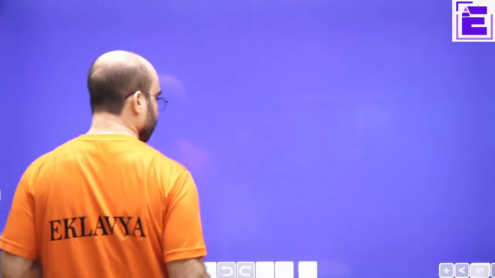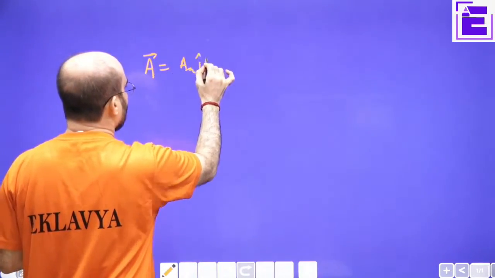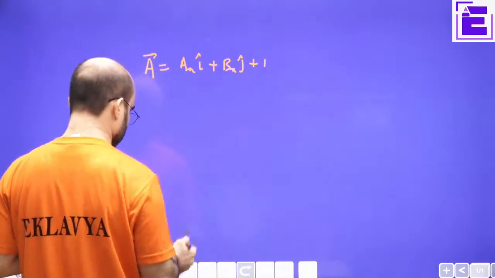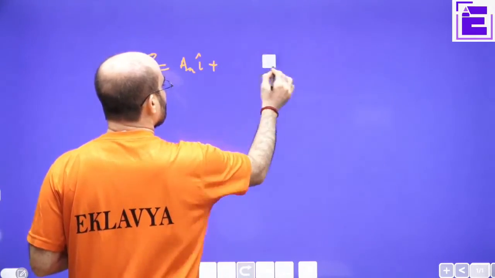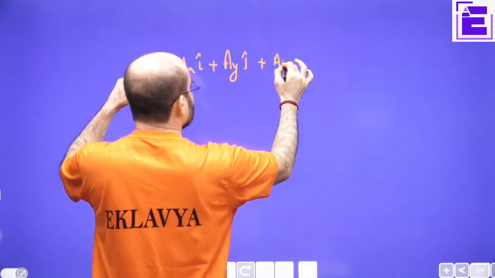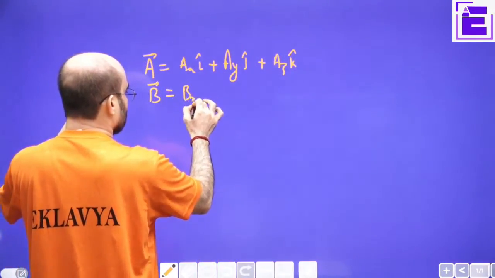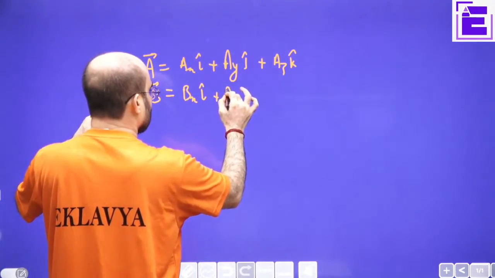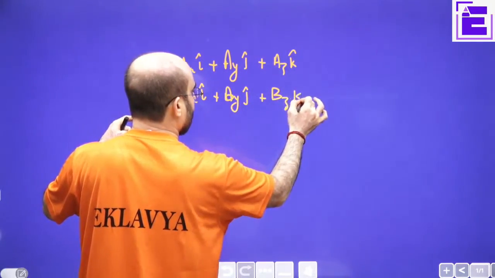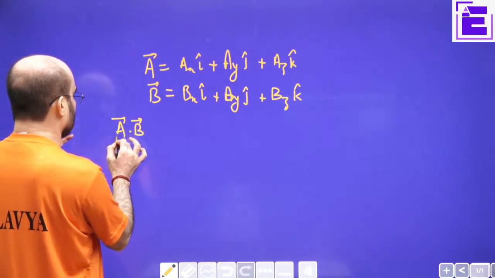If you have vector A as AX I cap plus AY J cap plus AZ K cap, and vector B is written as BX I cap plus BY J cap plus BZ K cap, then A dot B, mind it, be very careful in this.